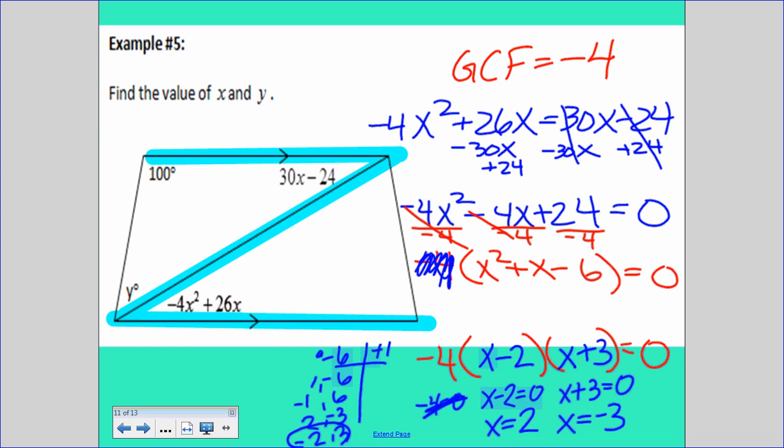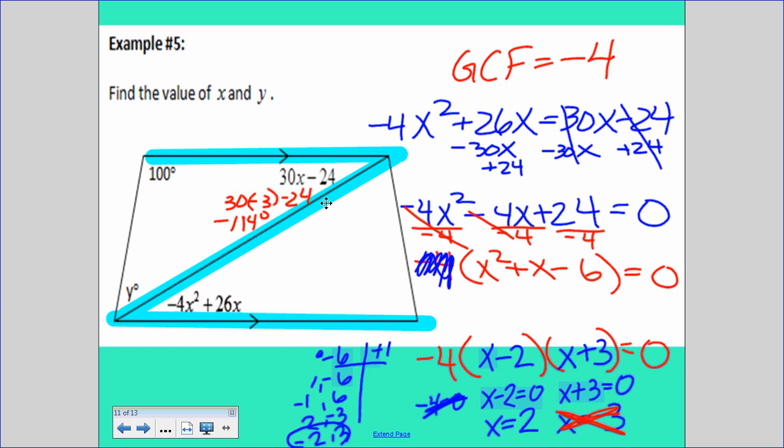If I plug my negative 3 in up here, I get 30 times negative 3 minus 24. I get that this angle is negative 114 degrees. Does that make sense? Can I have an angle in a triangle that's negative? No. So I had to cross that puppy out.